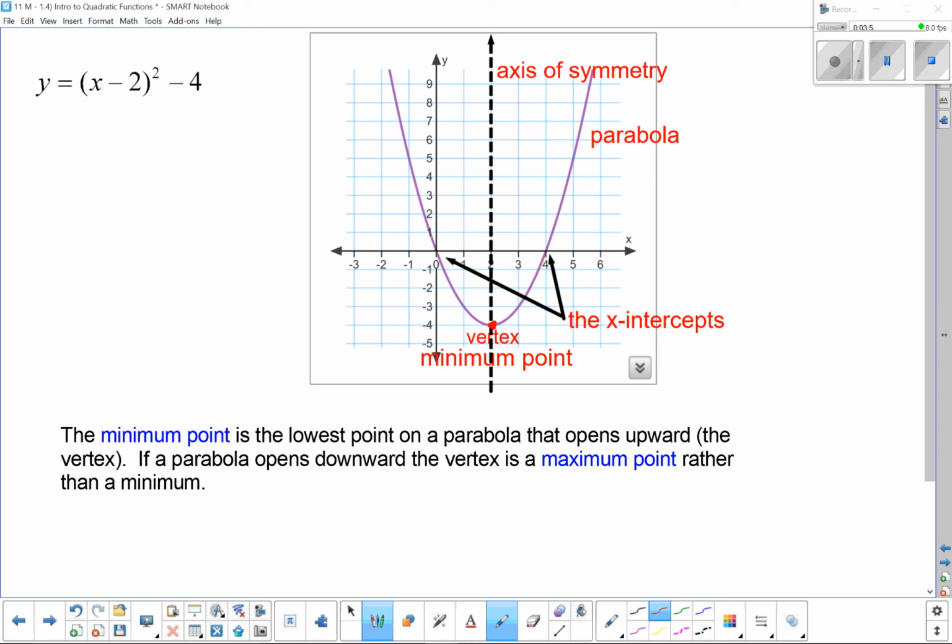However, if you have a parabola that opens downward, something like this, your vertex will be a maximum point. So in the first example, this is a minimum vertex, and in this one it will be a maximum point of the function.